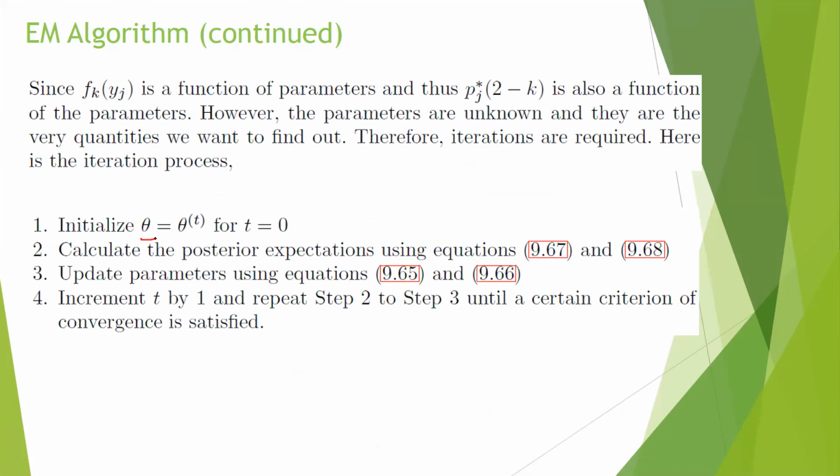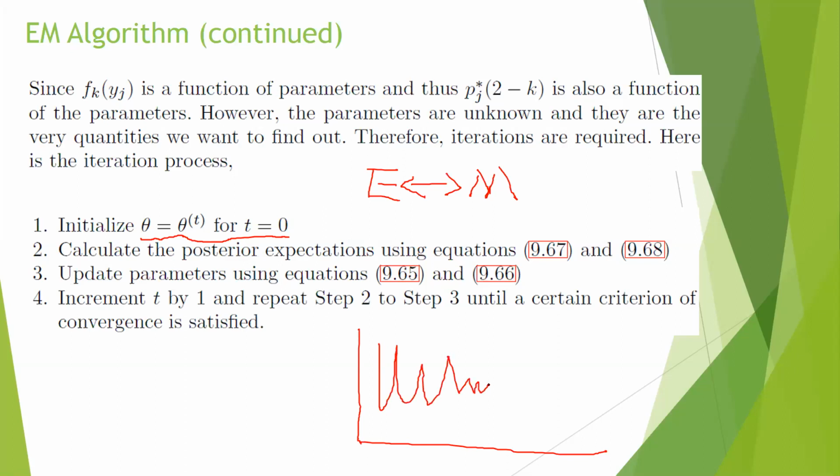We initialize the parameters at time 0, and then we just alternate the E step and the M step iteratively until the whole process converges to a point, and then we get the solution for the parameters, and we can also calculate the variance of these parameters. Then we can do the test. So in this way, we're done with one locus, right?